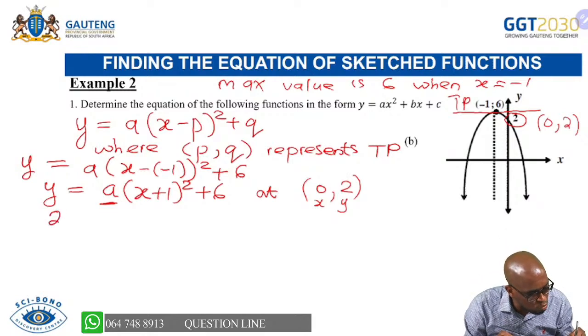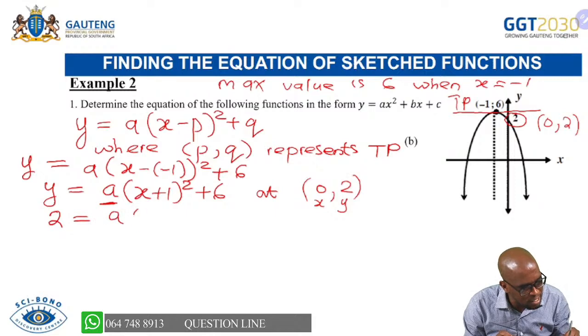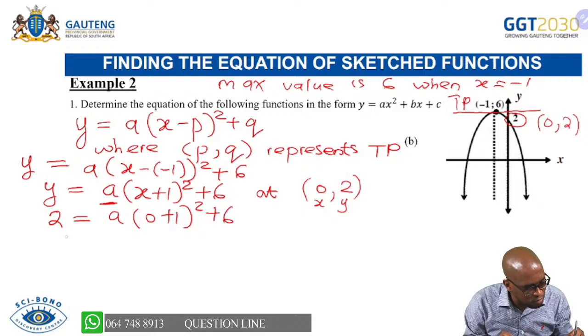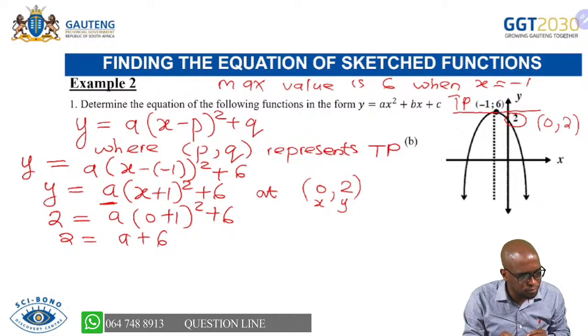So 2 will be equal to a into 0 plus 1 all squared plus 6. If we simplify this, we get 2 is equal to a plus 6.